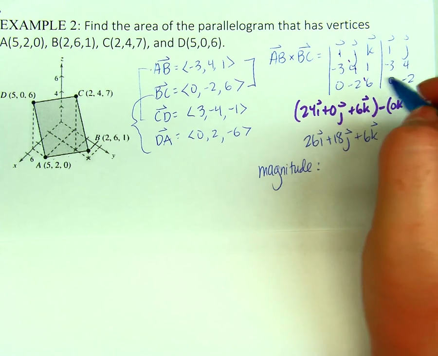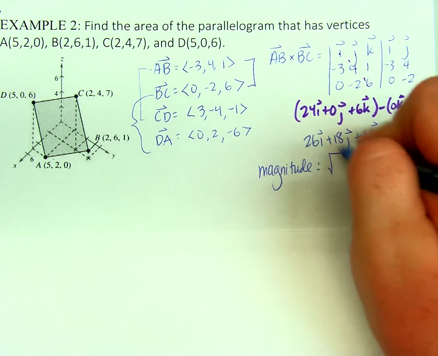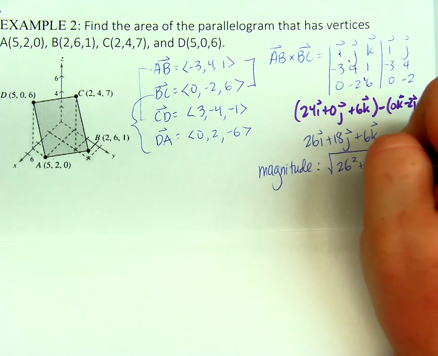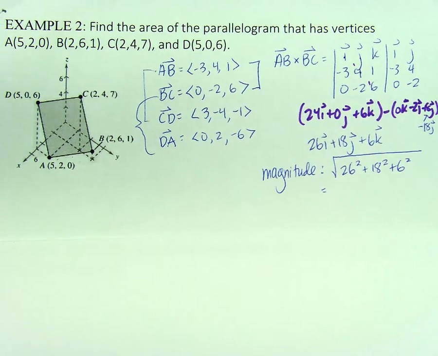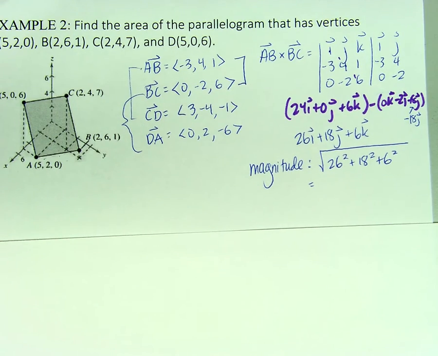So the magnitude of any vector, remember, is the square root of each piece squared and added. I'm going to grab my calculator. Give you time to write it down.